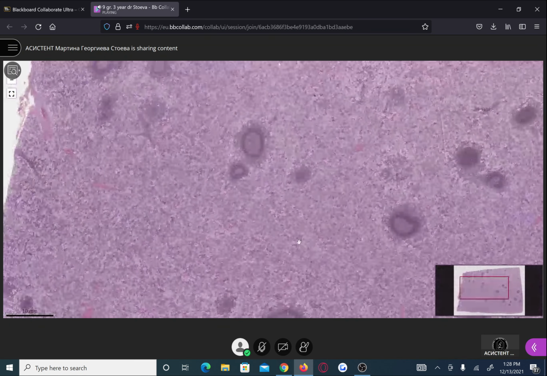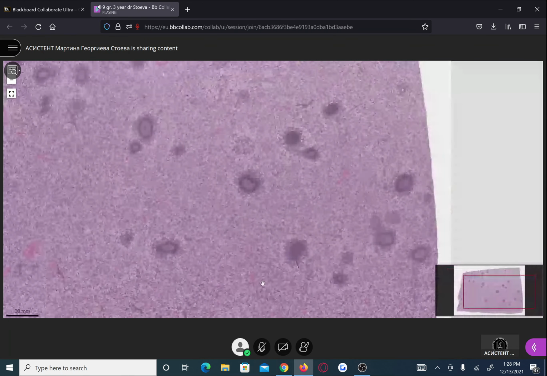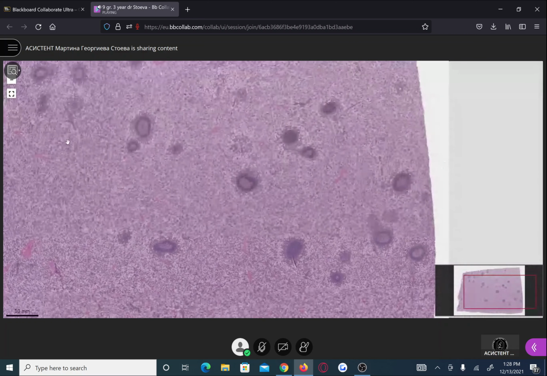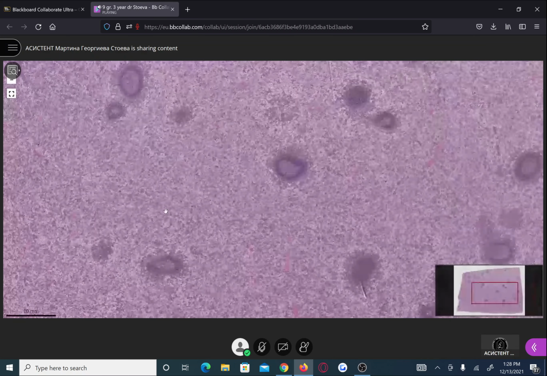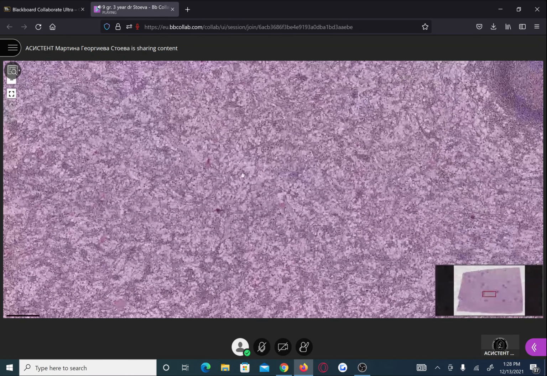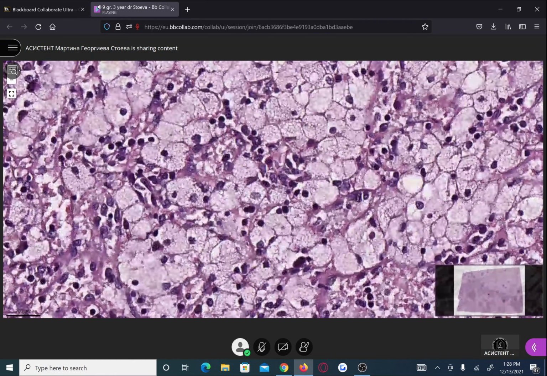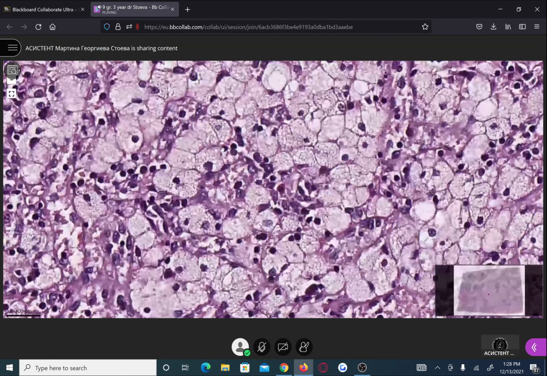And after we say that the specimen is from the spleen, then we focus on the pathologic process, which is seen elsewhere here on the slide. Doesn't matter where you zoom in, you find cells, actually macrophages, with foamy cytoplasm.